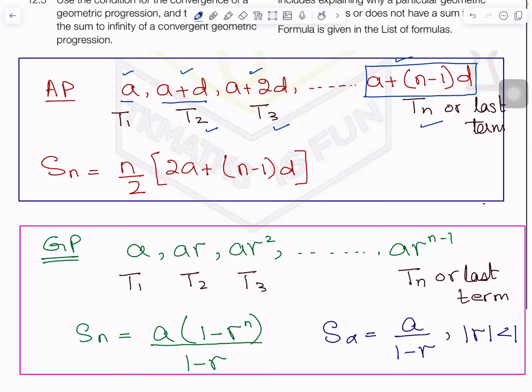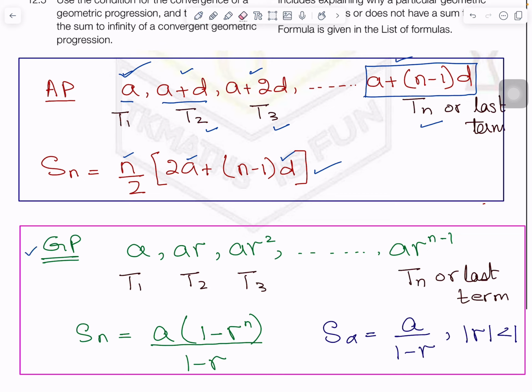And this is the formula for the sum of the terms. When you have to find the sum, we will make use of this formula also in the question, where n represents the number of terms, a represents the first term, and d represents the difference between the terms. And then see the second series, which is geometric progression.